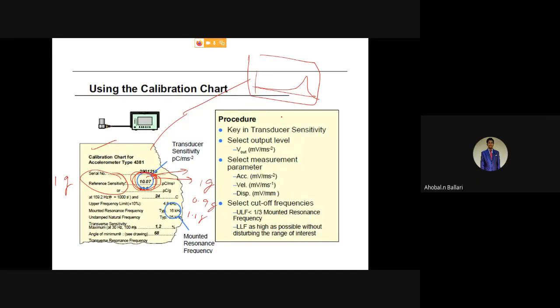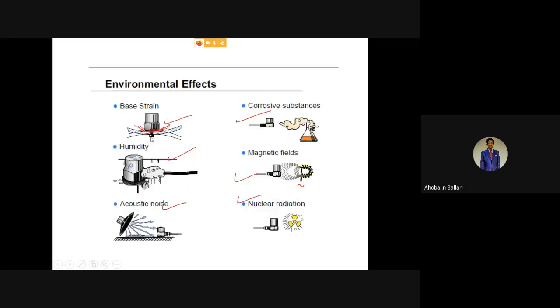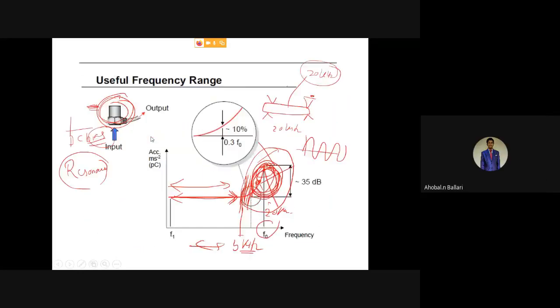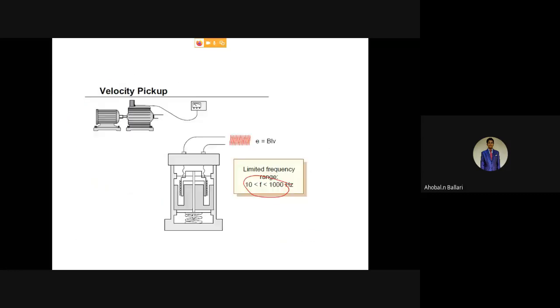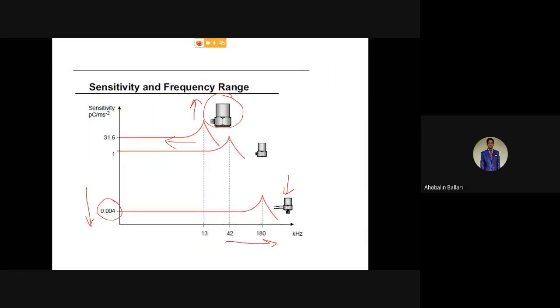Sir, then how to decide the sensitivity of the accelerometer based on the experiments? If we are conducting on a rotating machine, for academic purpose, not for industrial purpose, if I have a vibration test rig, how do I select the sensitivity of the accelerometer?